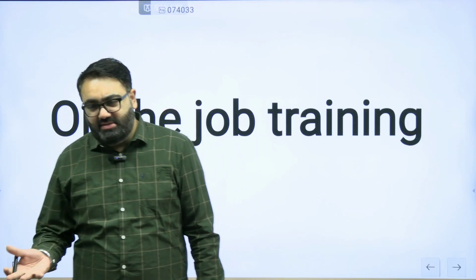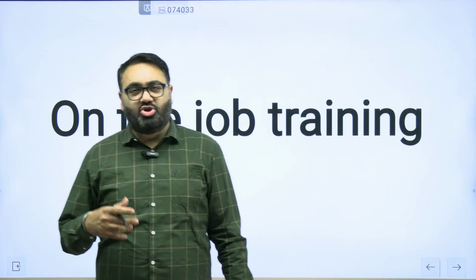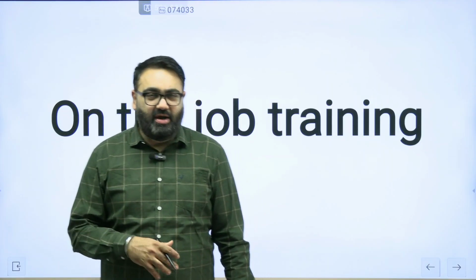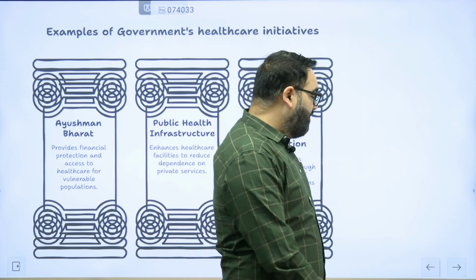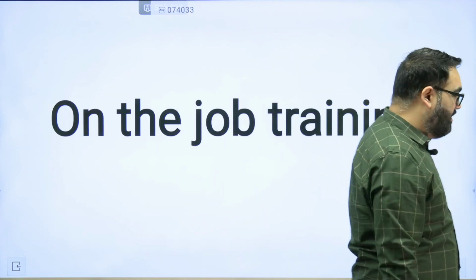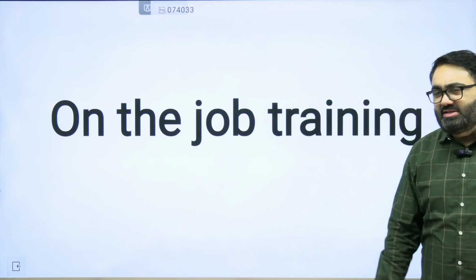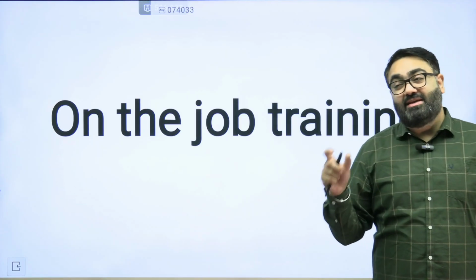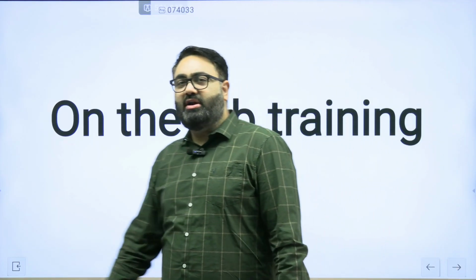There are two ways in which you may be trained. First, the college or the university that you went to gave you the training, the course that you did, all the education, the skills that are required. But a lot of companies are not happy with that. So the companies will offer you on-job training. Let's say you joined a company, they gave the offer letter, but they will say the first 3 months or 6 months or 7 months, whatever, is your training period.